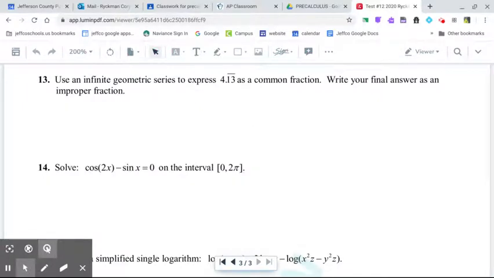Okay, for 13, you have to realize what's part of the pattern and what's not. The 4 is not part of the repeating pattern.